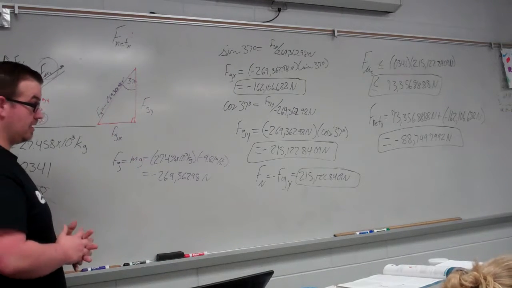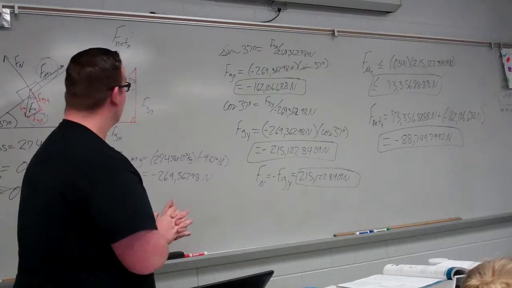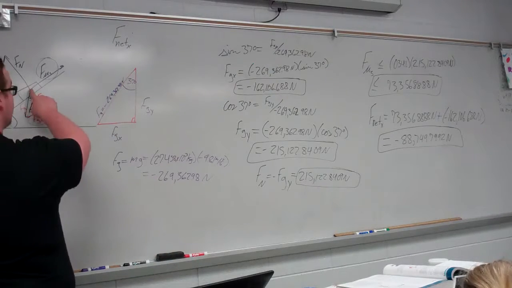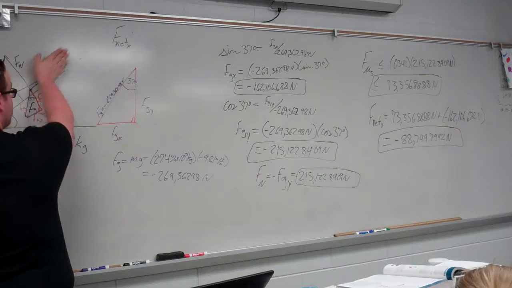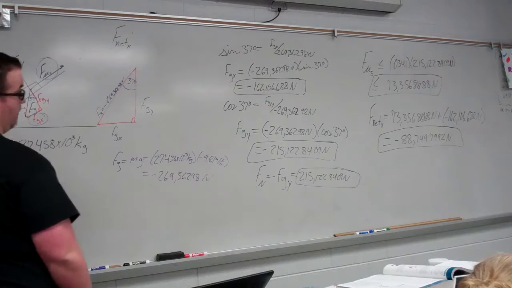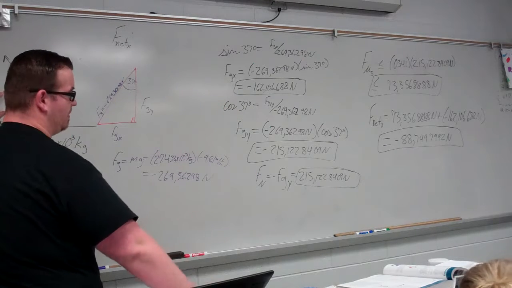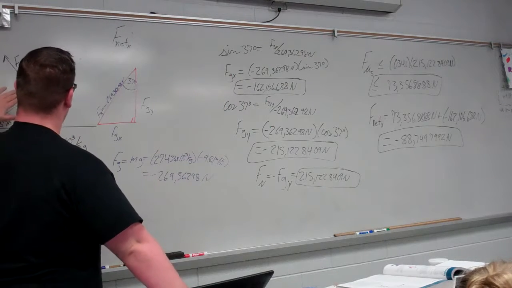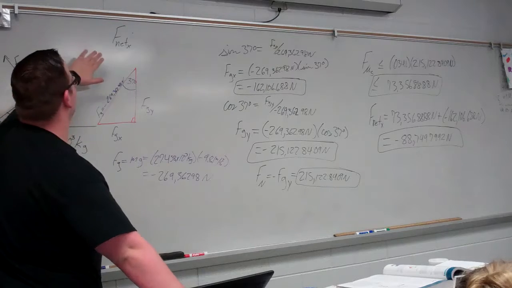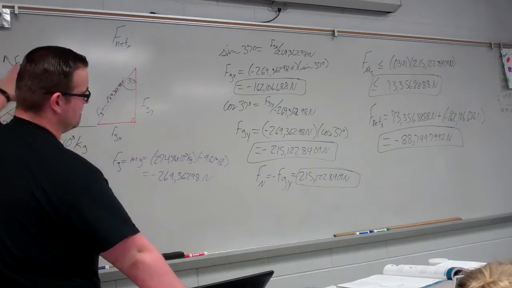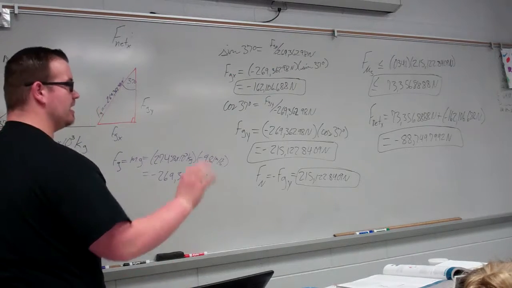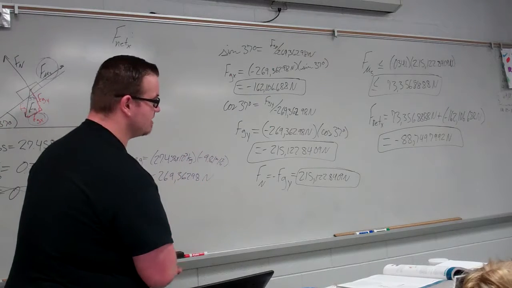If it's positive, is it moving? In this case, no, because if it was positive, then it'd be like all the force is being pushed that way. Well, yes, it would be moving because all of it would be going this way. But it's not going to happen in this case where there's no force being applied to it.